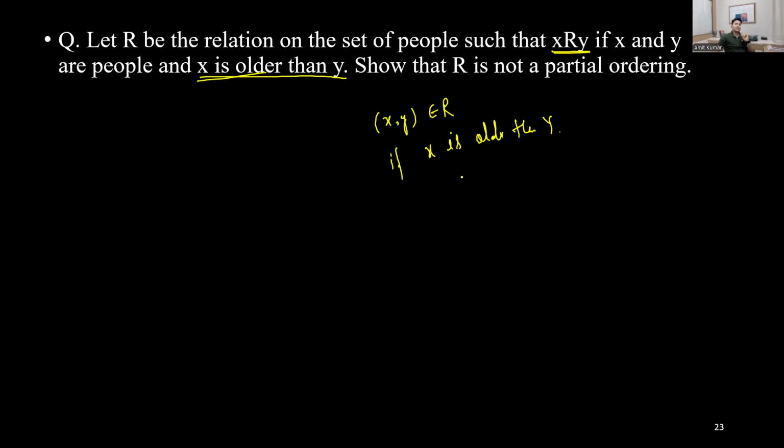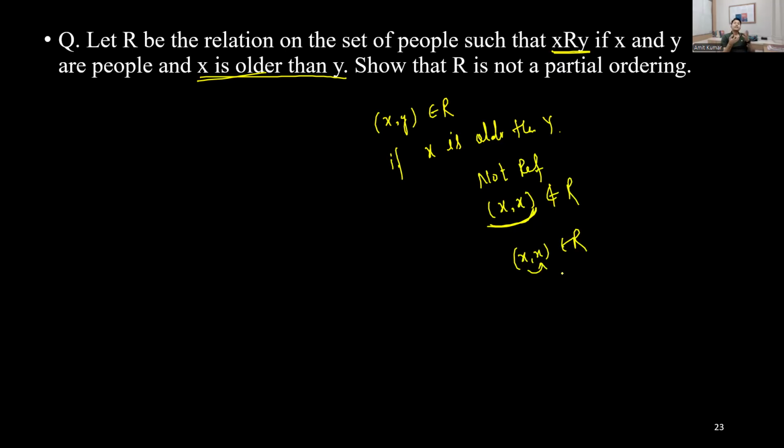Is this relation partially ordered? The answer is no. Why no? Because it is not reflexive. Why not reflexive? Because (X, X) does not belong to R. Now try to understand what (X, X) means. As per the rule, if (X, X) belongs to R, we are saying X is older than X, which is not logically correct.